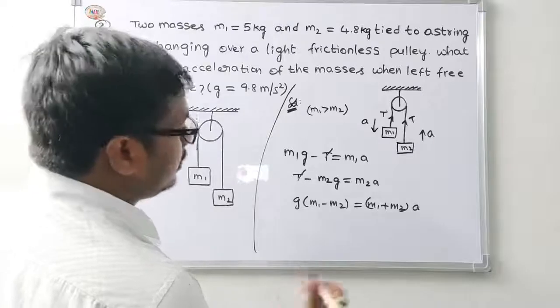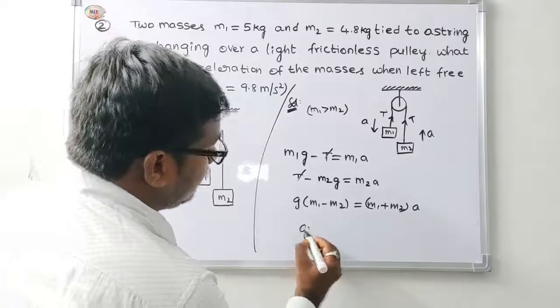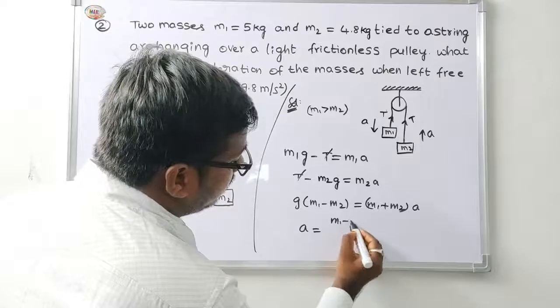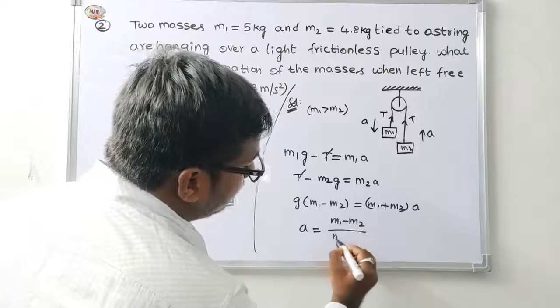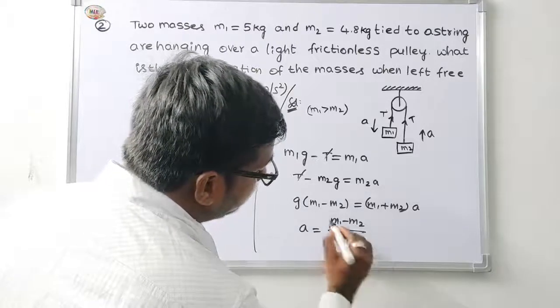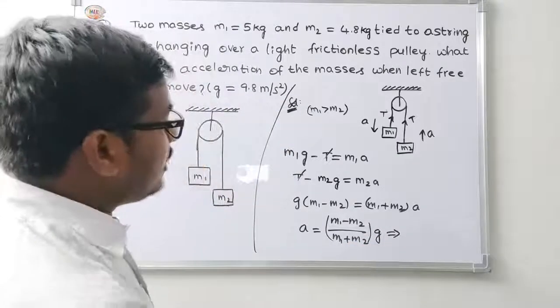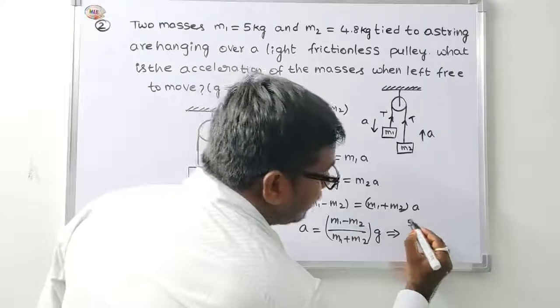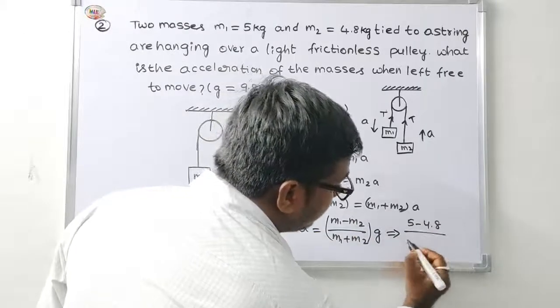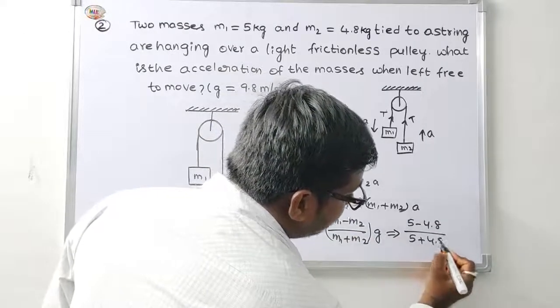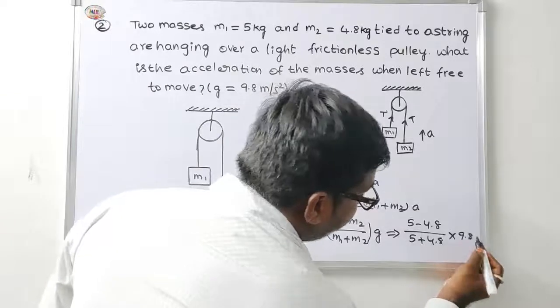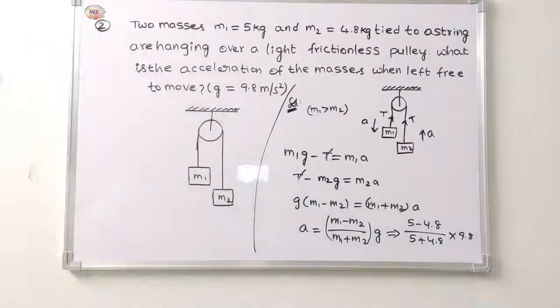And a is equal to M1 minus M2 by M1 plus M2 into g. Here M1 is 5 kg, so 5 minus 4.8 by 5 plus 4.8 into 9.8, that is equal to 0.2.